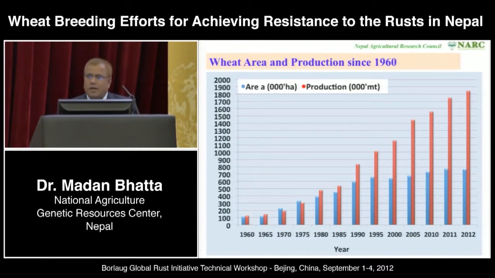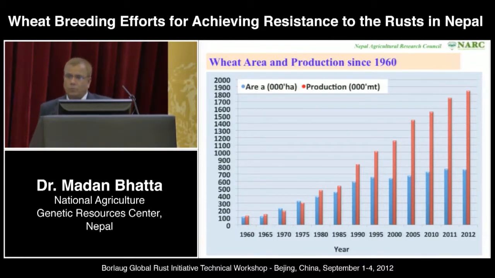These are the wheat area and production since 1960. We started with 100,000 hectares of wheat area and 100,000 metric tons of wheat production in 1960.